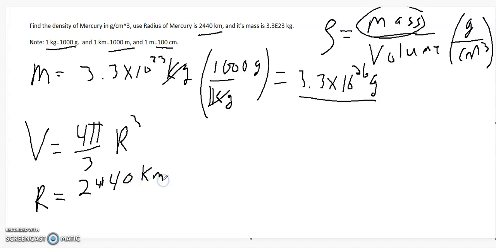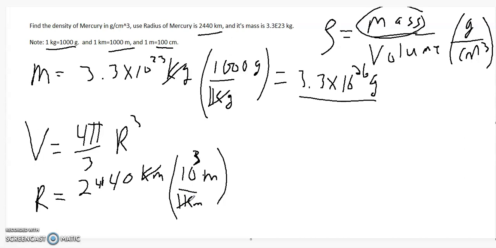I don't know why I'm writing uphill here. I'm going to use my first conversion. 1 kilometer is 10 to the third meters, 1,000 meters is also 10 to the third. And notice the kilometers cancel.